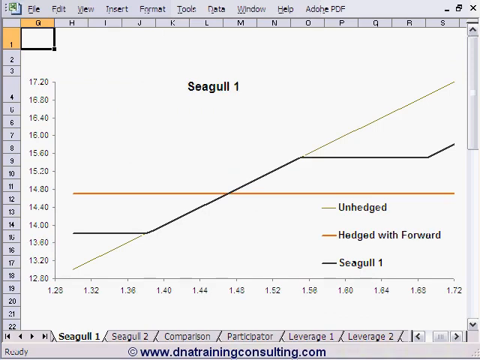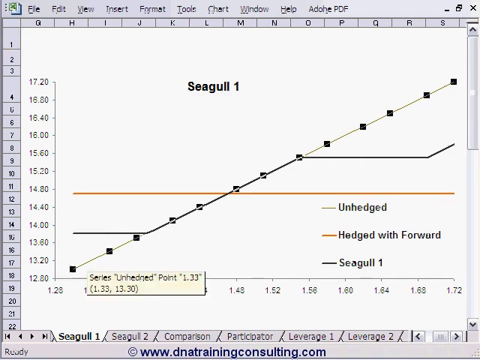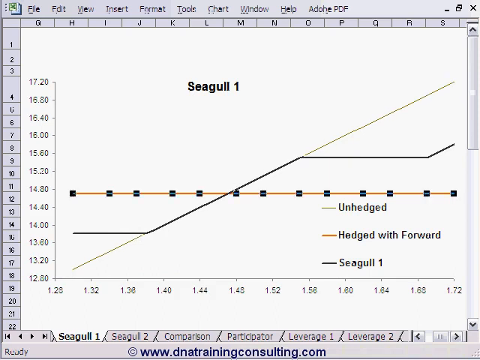These outcomes are plotted now on this worksheet, Seagull 1 appearing in front of you, with the graph for our present structure appearing here in blue, while the faint olive diagonal shows the unhedged position, and of course the orange horizontal, the forward-based solution.